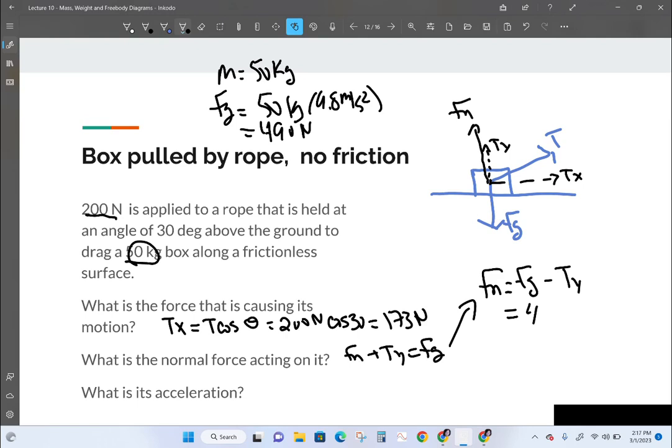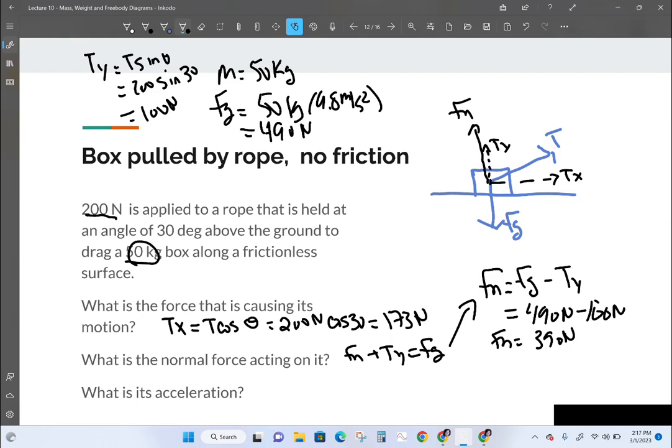So this is 490 newtons minus Ty, which is T sine theta, or 200 sine of 30, which is 100 newtons. So this will be minus 100 newtons. So Fn is equal to 390 newtons.